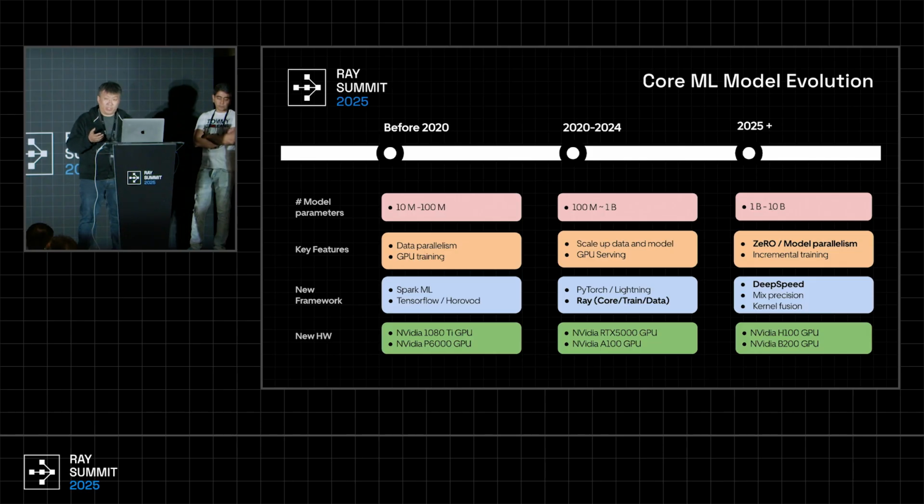We also onboarded Ray, which we use to scale up all our data and models in different clusters and cloud providers. Starting from this year, our core ML models are larger than the GPU memory limitations, so we need to do model parallelism on top. We also do incremental training because the training time is longer, and we have a lot of optimizations on top to improve efficiency.